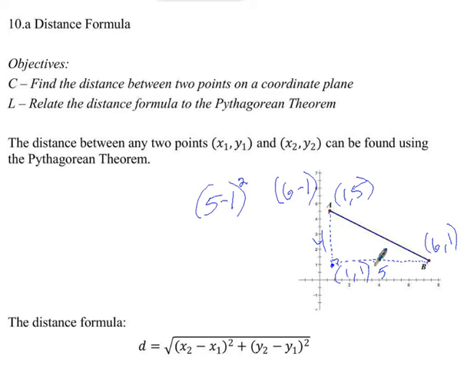So 5 minus 1 squared, plus 6 minus 1 squared. Now that would give me c squared, but I don't want c squared. I actually just want c. So how do I get just c from c squared? Square root. So if this gives me c squared, then c will be the square root of all of that stuff. That is the distance formula.